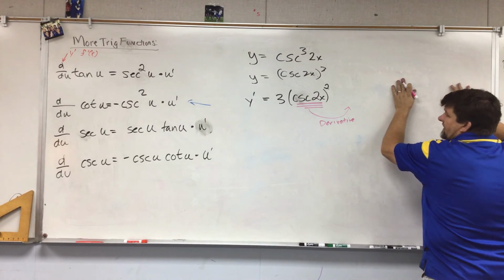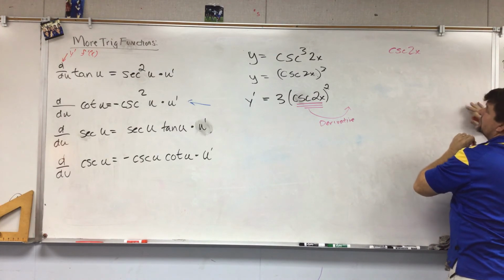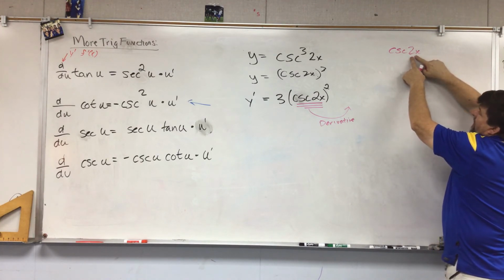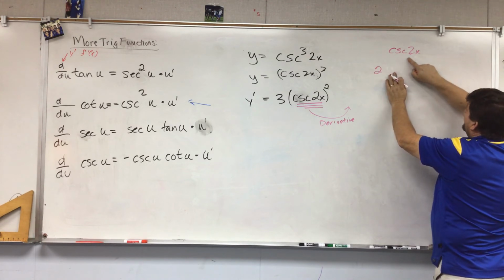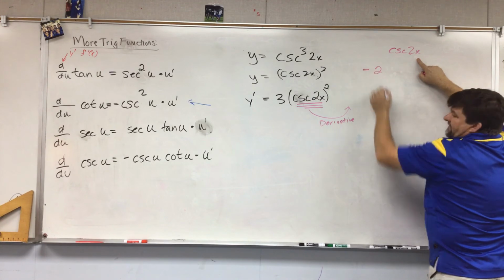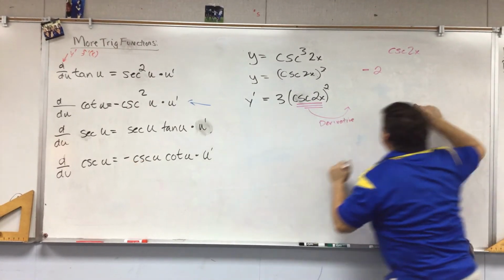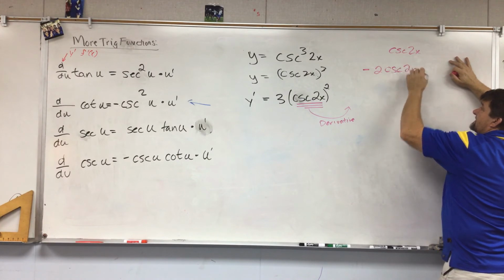So I'm over here. I have cosecant 2x. We know that the u prime is going to be 2. And then I take the derivative of this, which comes from that formula. I'm going to get a negative out in front. That's the negative here. I'm going to get the cosecant of 2x.